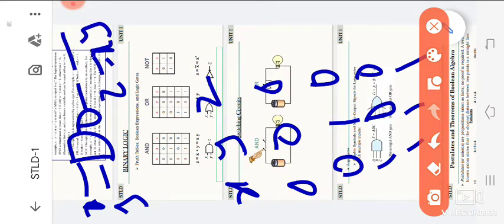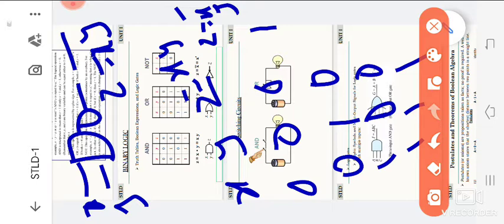This is the equation: Z equal to (X Y) bar. So this is the complement. Here we are getting 1, 1, 1, 0. So this is the complement output. The NAND gate output will be the complement of the AND gate output.